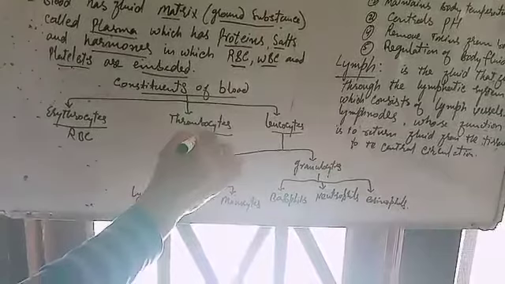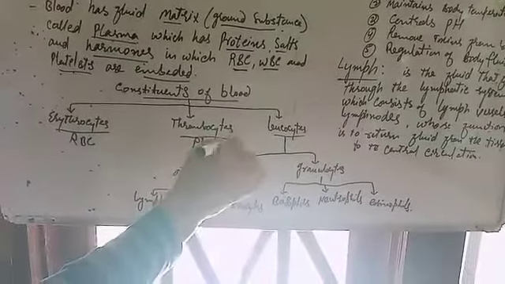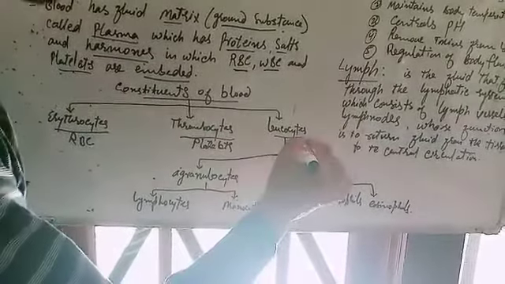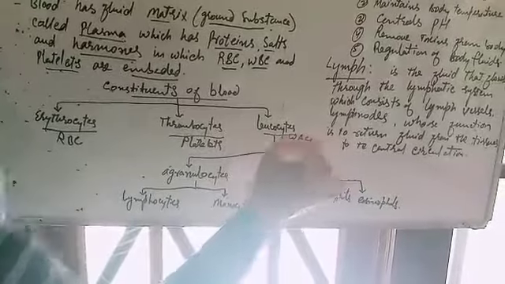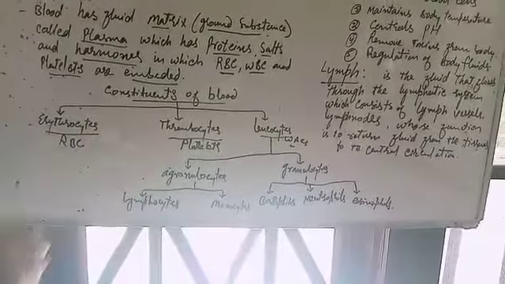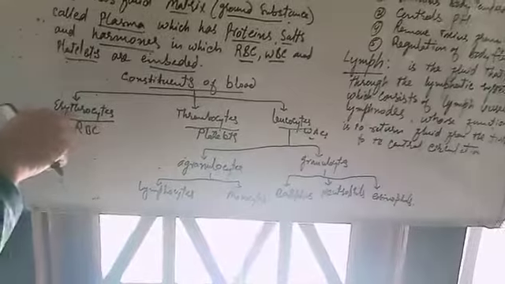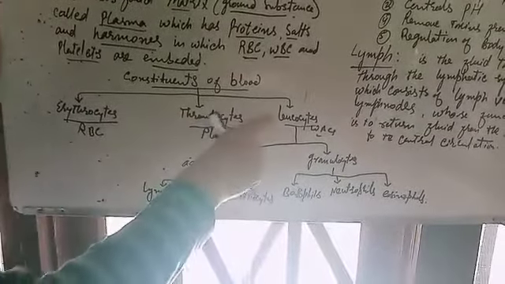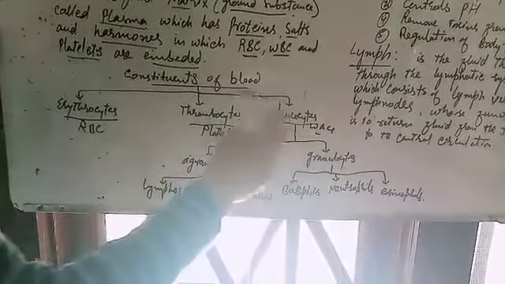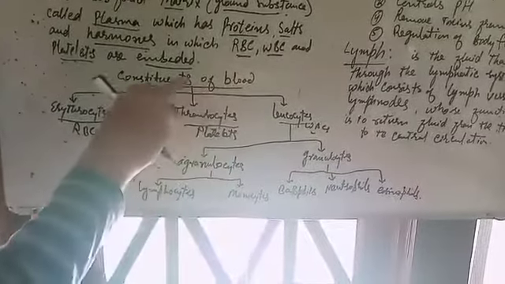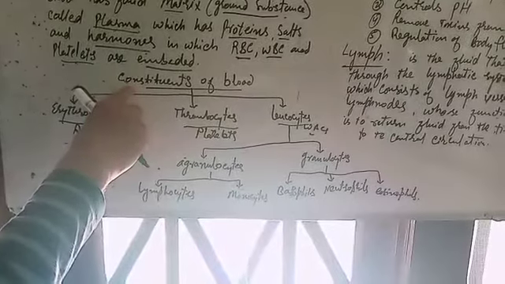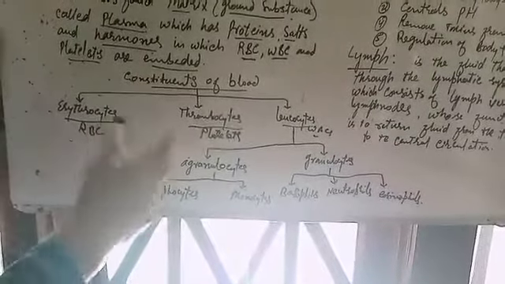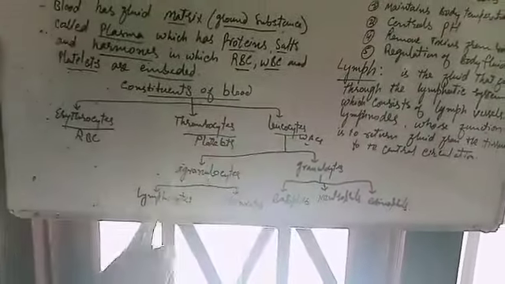Thrombocytes are platelets, and leukocytes are WBCs. You must remember this: erythrocyte is the RBC, thrombocyte is the platelet, leukocyte is the WBC. That means blood consists of these three types of cells.